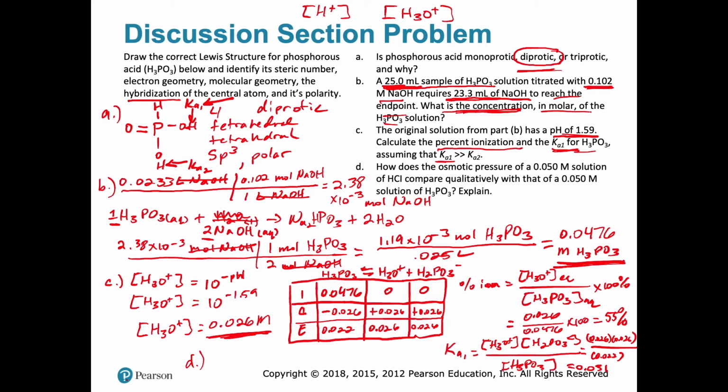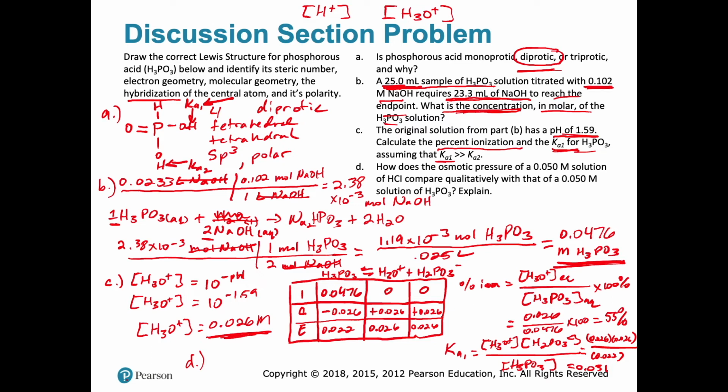And we found out from here that the percent ionization of the phosphorus acid is only 55%. Okay, so only 55% of the phosphorus acid actually dissolves into the water and becomes particles in the water, right?